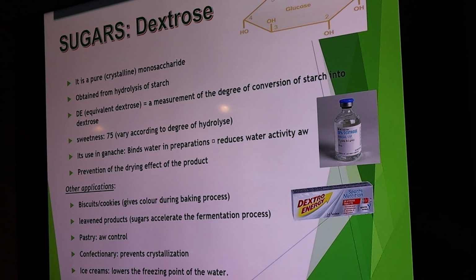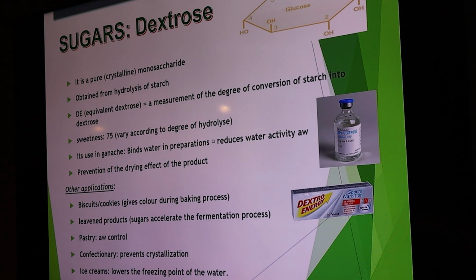Don't eat too much because it's also binding the water, which means that it's not that healthy for the blood pressure as well. So here it has a huge impact for ganache as well, because, as I said, it's binding the water, and it lowers the water activity quite aggressively.